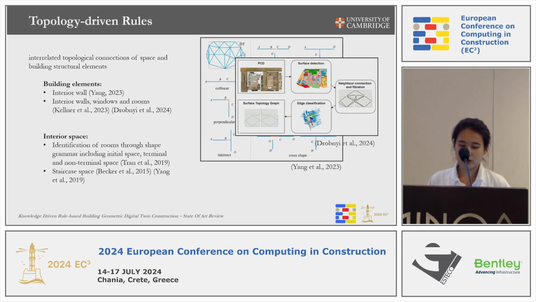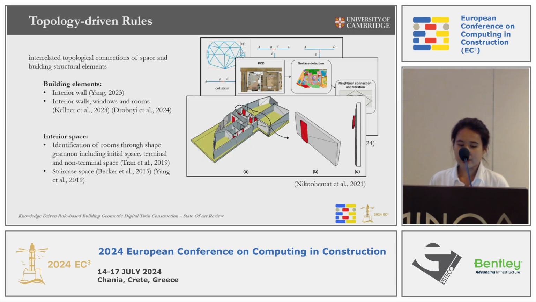And this research is talking about whether different surfaces of the wall are in the same space or in the same wall. So use this method to segment the indoor space. And also this is the research about the identification of the wall and the door. Even though there is an offset between them, we can still confirm that the door is contained in the wall.